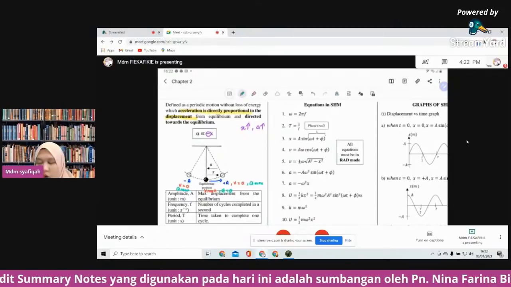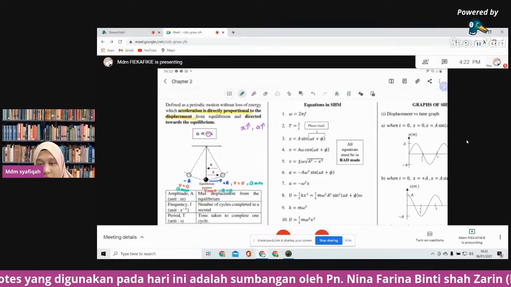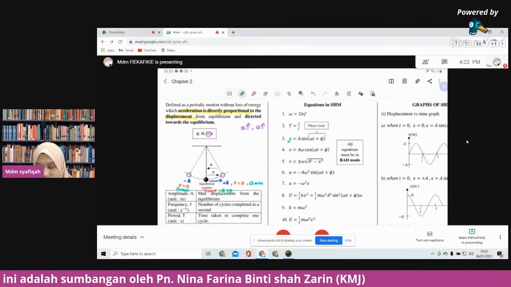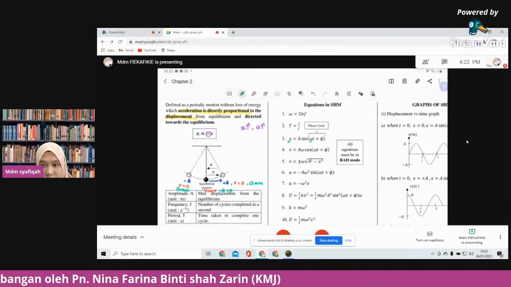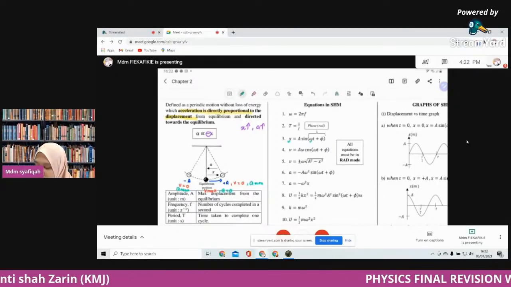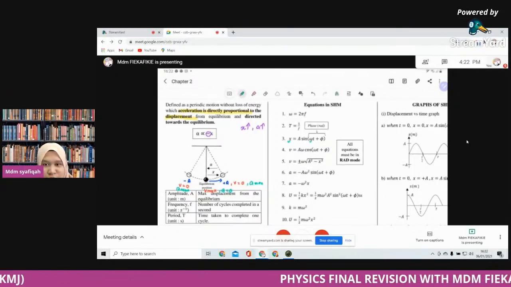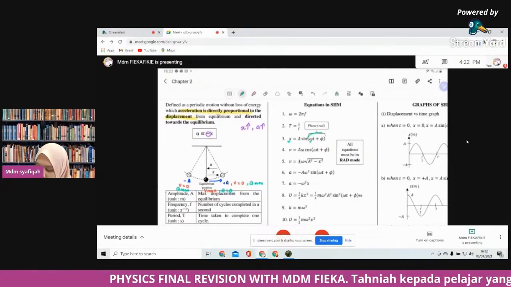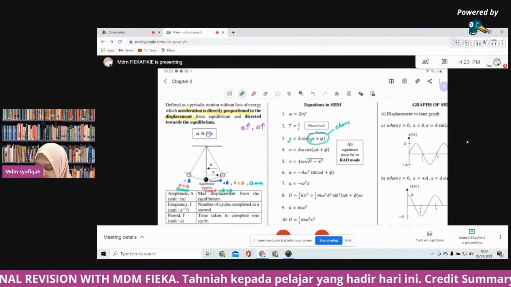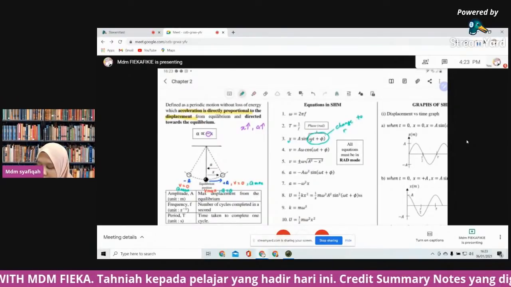So these are all the equations in simple harmonic motion in chapter 9. So x, this is omega, the angular velocity. Make sure when you calculate in this chapter, your calculator is changed to radian mode.